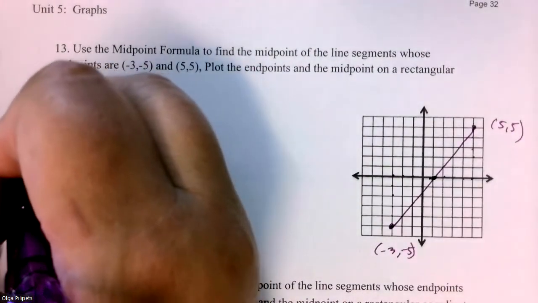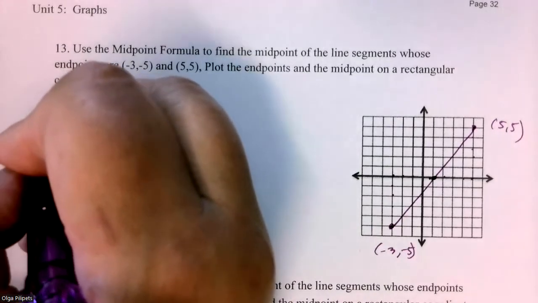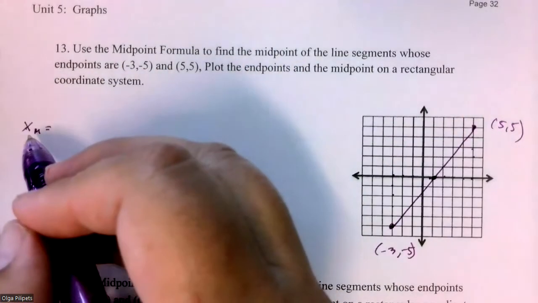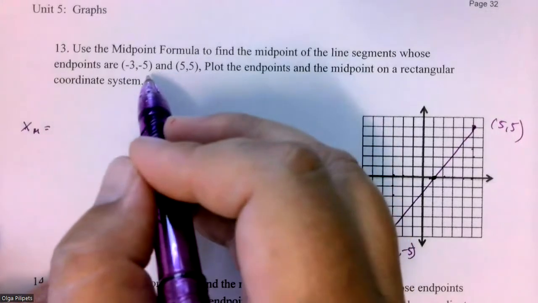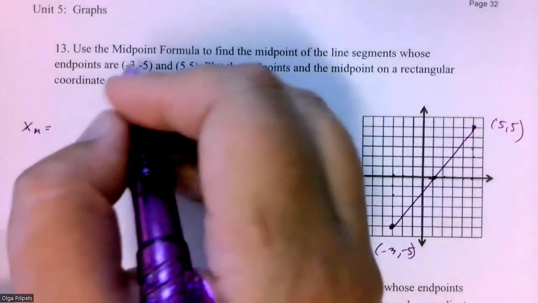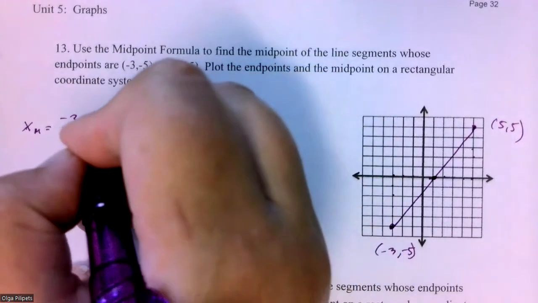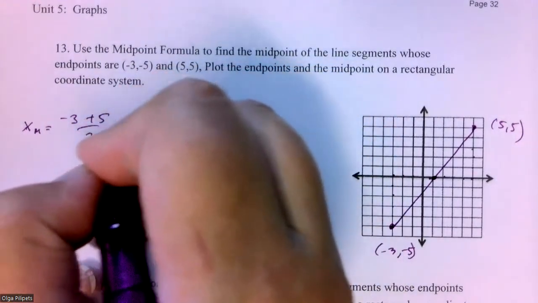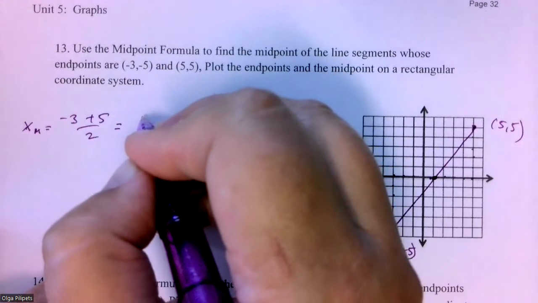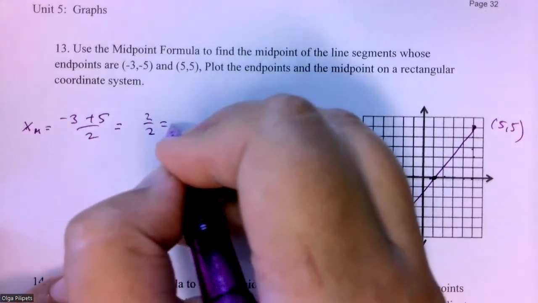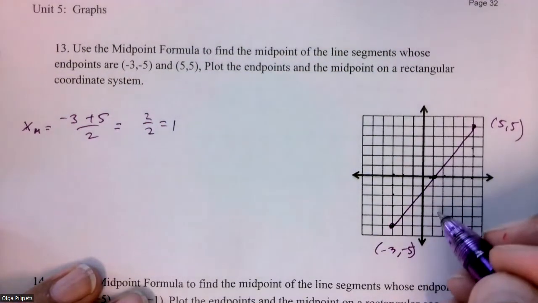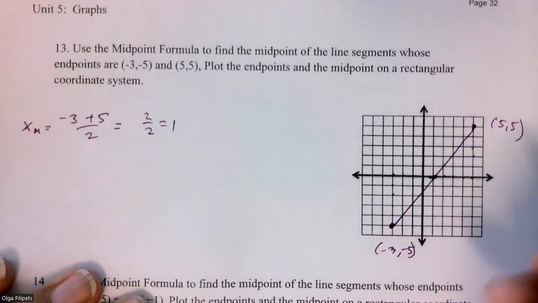For the x-coordinate of the midpoint, I will call it x of M, average out the x values, -3 and 5. That's 2/2, which is 1. So far, so good, I'm right.